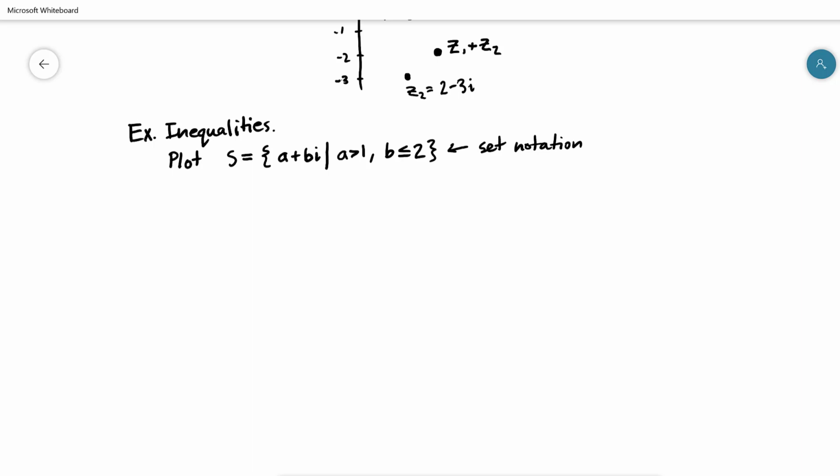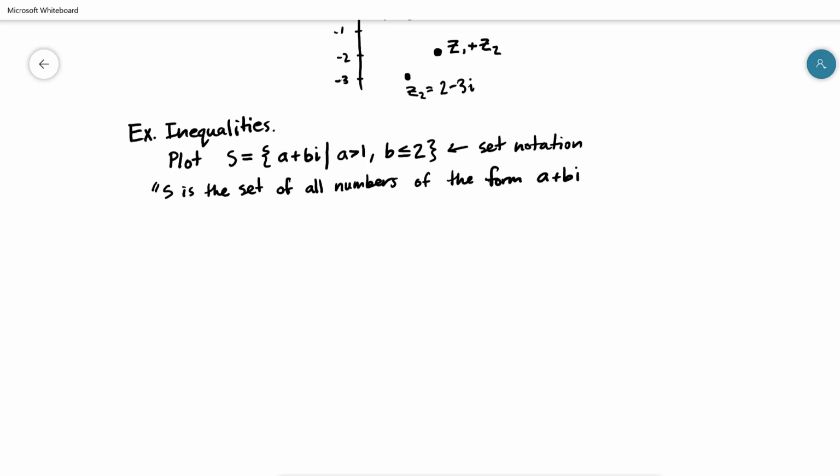And it means the following. It basically says the following sentence. S is the set of basically all numbers of the form a plus bi, where, or such that, let me be more precise.